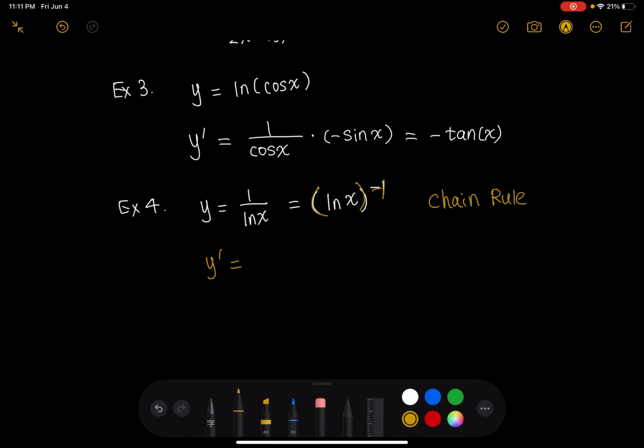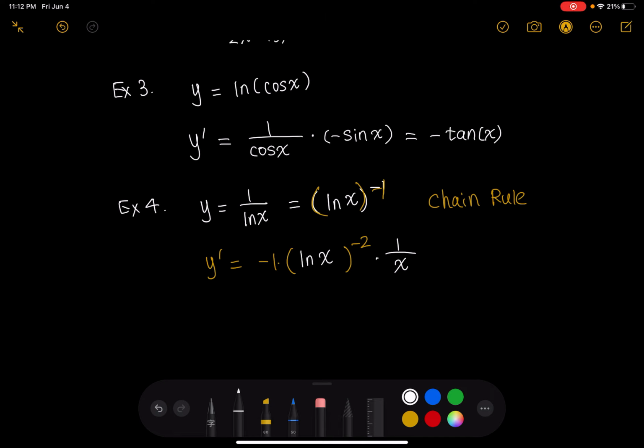Okay, so it's negative 1 power, so the power comes down. Power decreased by 1. Then evaluate at the inner function times the derivative of the inner function. And you know you're done when the very inside or the inner function is just x.